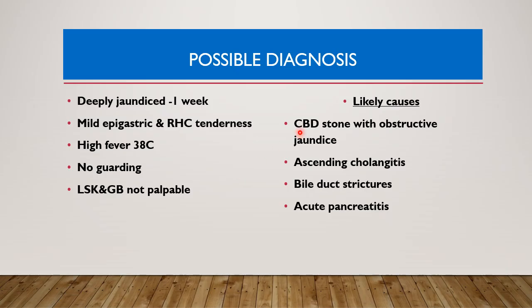Likely causes will be common bile duct stone, choledocholithiasis, with obstructive jaundice, ascending cholangitis, bile duct stricture, and acute pancreatitis. These are the 4 likely causes that we can entertain after analyzing the history and the physical findings.